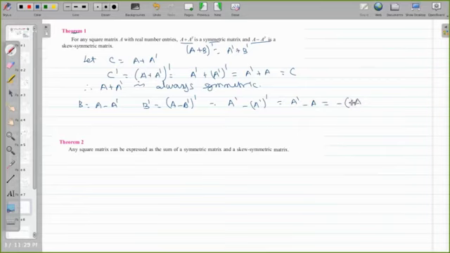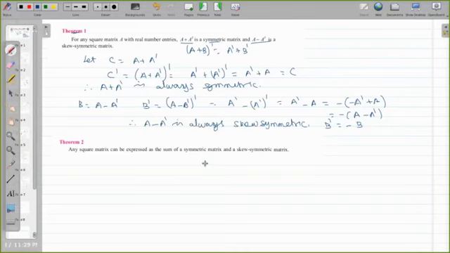That means minus A dash plus A is nothing but minus of A minus A dash. I am getting same B, minus B. So we can say that A minus A dash is always a skew symmetric matrix. Okay, children? So what does it mean? Difference of a matrix and its transpose will give you the skew symmetric matrix itself.